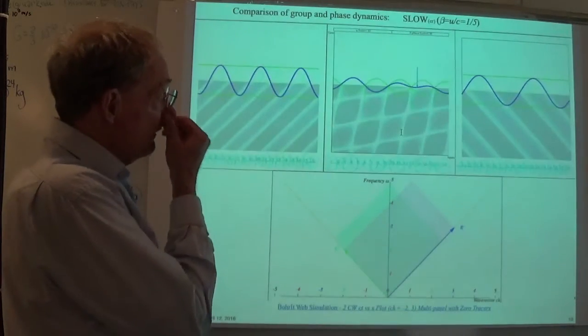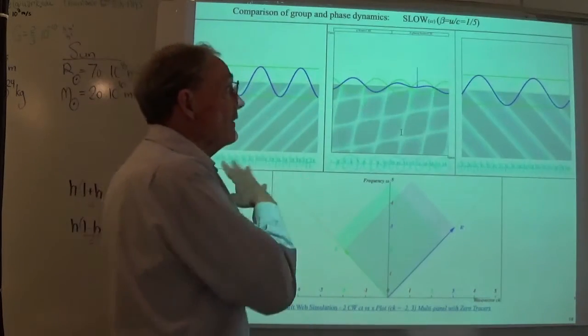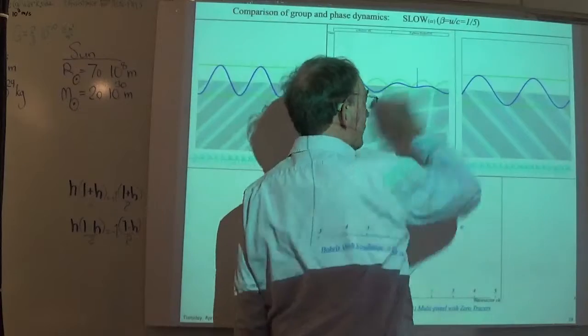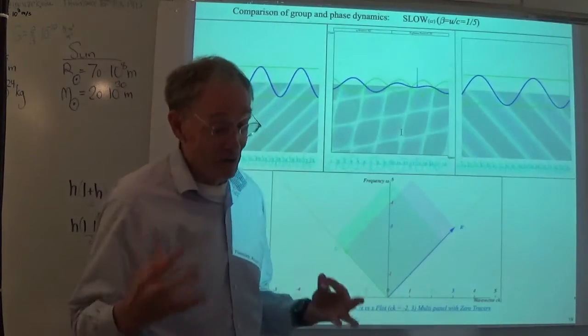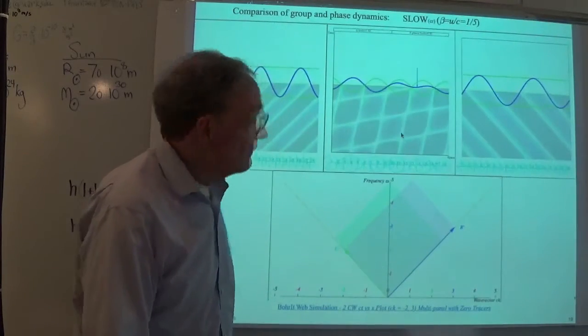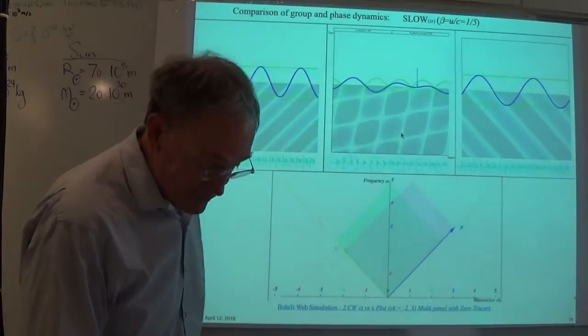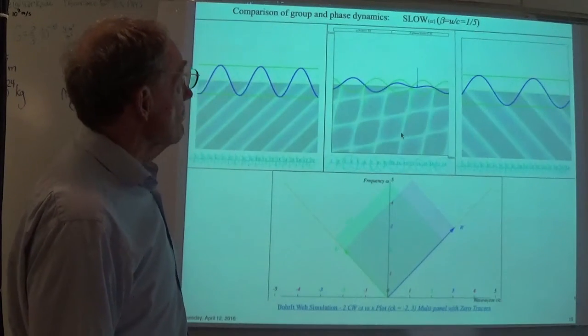Now, let's take a look at what we would call a slow wave. Not 3/5, just 1 lousy fifth of the speed of light. Of course, this is very, very fast, but not anywhere nearly as fast as we're going to be, 3 times faster in terms of velocity, in just a minute here.